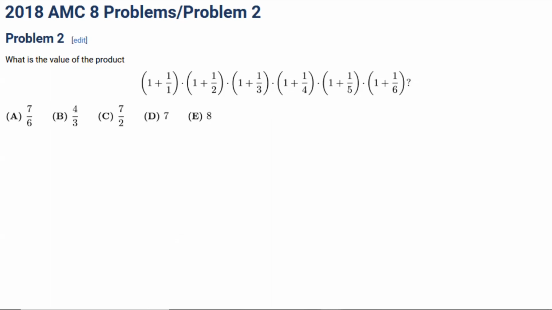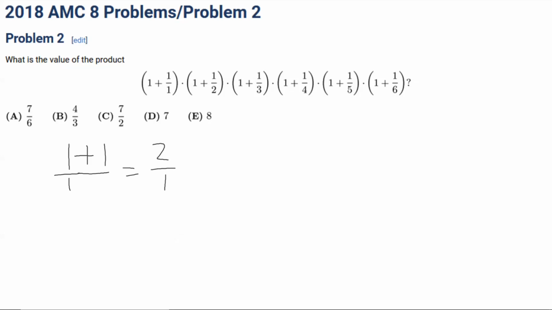So let's get started here. 1 plus 1 over 1. If you convert 1 to 1 over 1, then you have 1 over 1 plus 1 over 1, which is equal to 2 over 1.